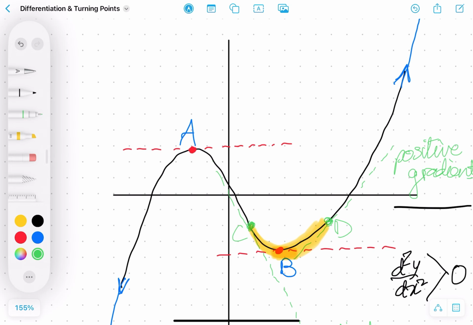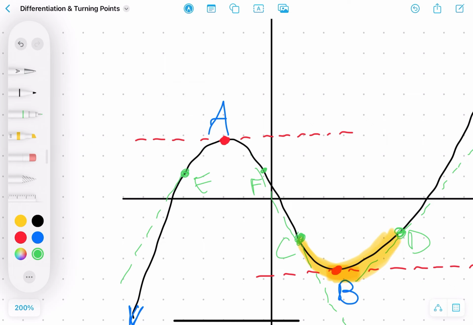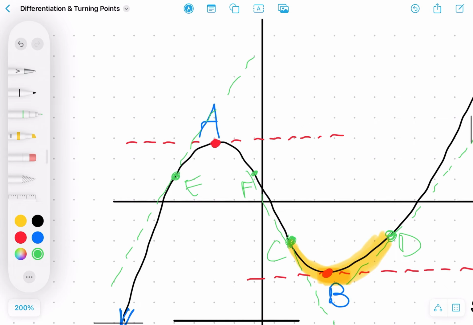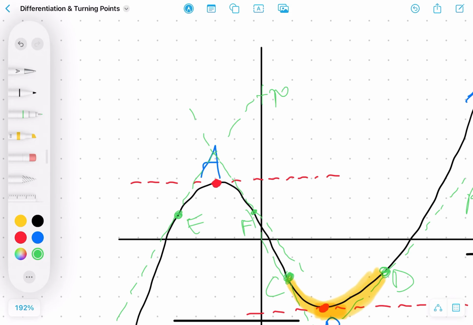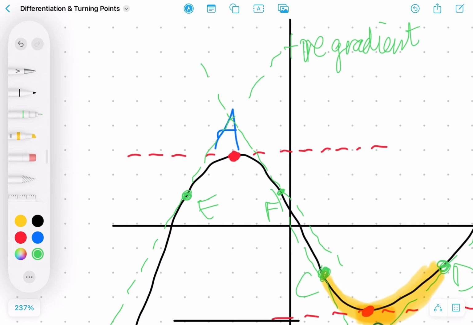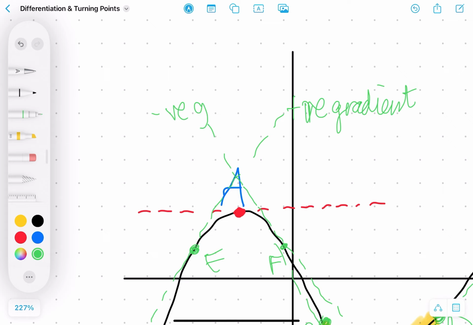So similarly, if we have a point E here and a point F over here, if we draw the gradient of the tangent at E and then the same at F, we see that E has a positive gradient and F has a negative gradient.